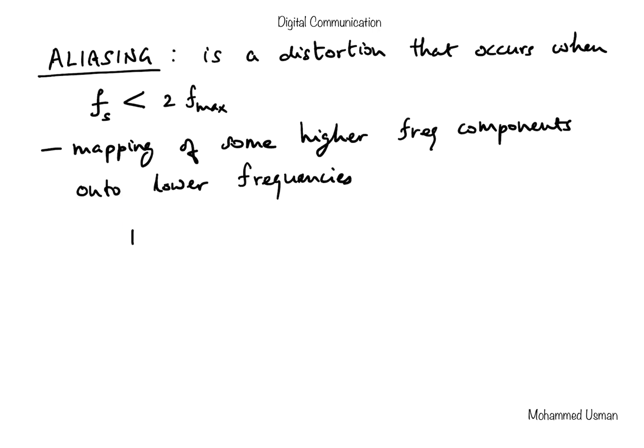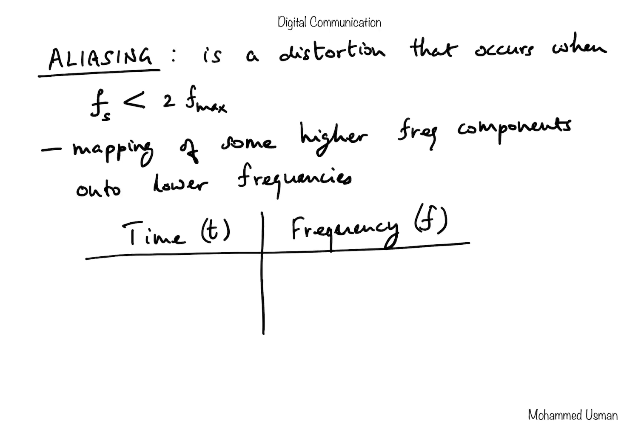Suppose we denote the time domain as the T domain and the frequency domain as the F domain. Then, if we recall from the lecture on the spectrum and Fourier analysis, we showed that when the signal in the time domain is periodic, the spectrum of the signal, or its frequency domain representation, is discrete.